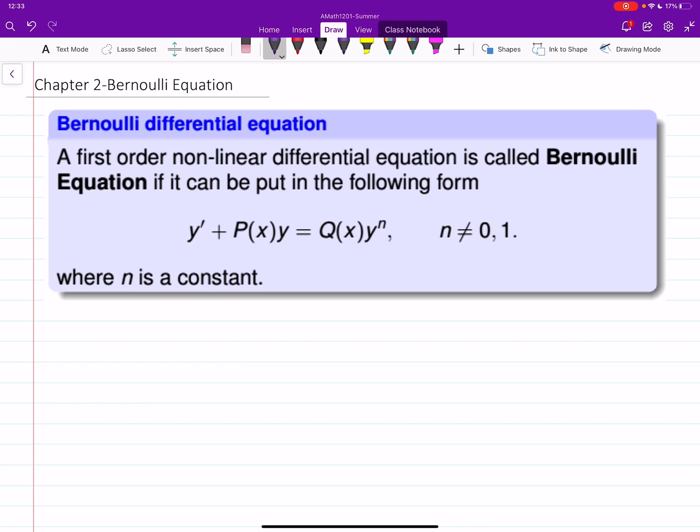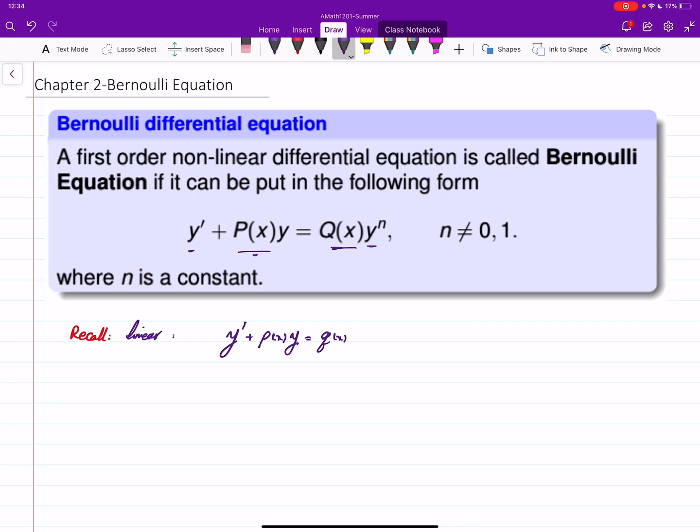First of all, a Bernoulli differential equation is a nonlinear, first order differential equation, and it has this form: y prime plus a multiple of y equals a multiple of a power of y. Recall that the linear differential equation was of this form: y prime plus p(x) y equals q(x).